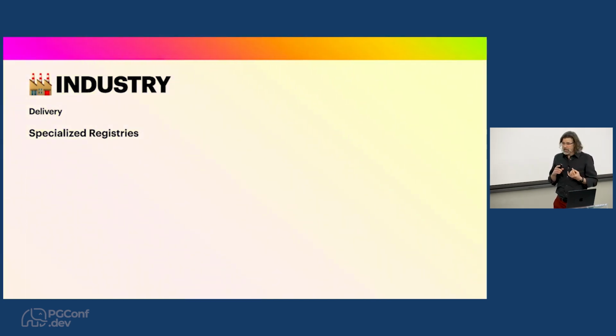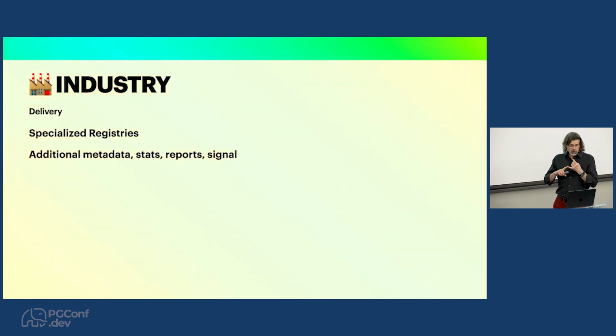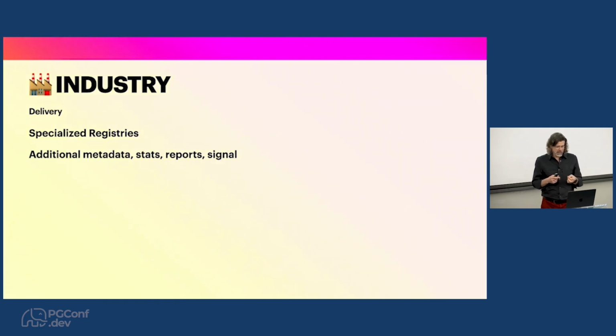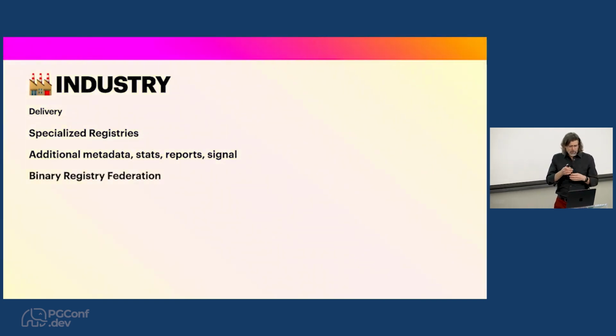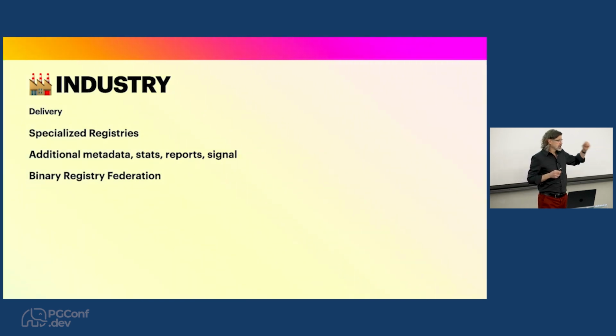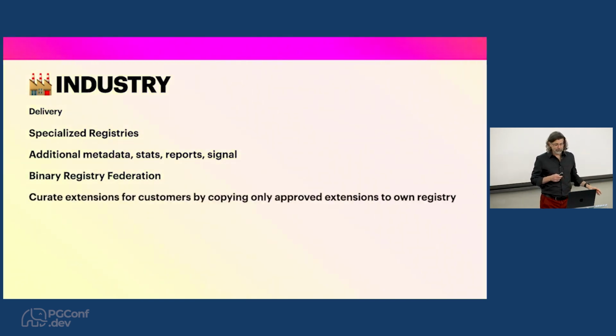They could build specialized registries from our registries to enhance them with additional stats, additional metadata, additional reports or signals. Security scanning, again, is the example I always like to cite. We would provide binary registration federation so that they could serve a subset of extensions for their own thing, but still have the ability to federate to other registries to pull down extensions to install.